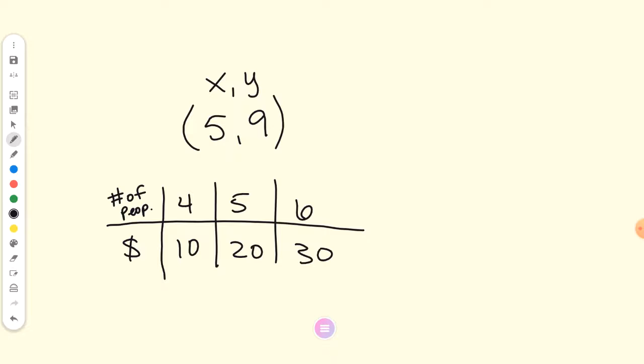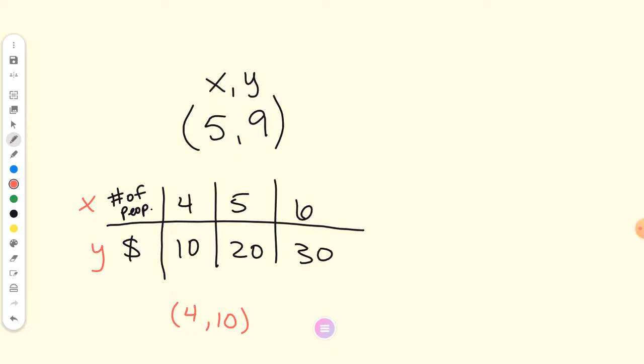First, where can I get ordered pairs from a table? Jack? Top number is the x coordinate. Okay, the top number is the x coordinate. You are correct. So that's x, so that means these would be y. So who can give me one ordered pair from that table? Briley? 4, 10. 4, 10 would be one ordered pair.